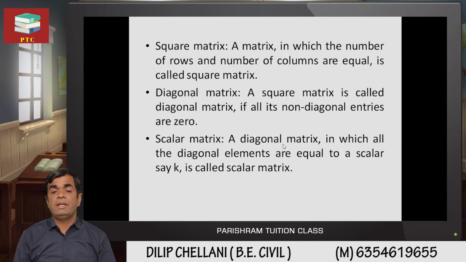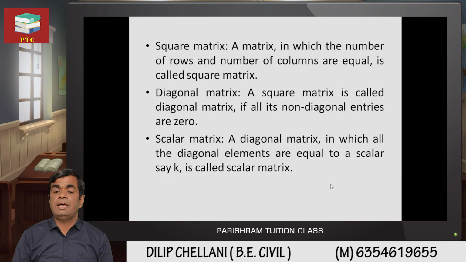Square matrix, a matrix in which number of rows and columns are equal, is known as your square matrix. Diagonal matrix, a square matrix is called diagonal matrix if all its non-diagonal entries are 0.